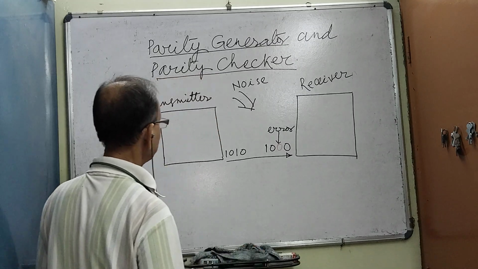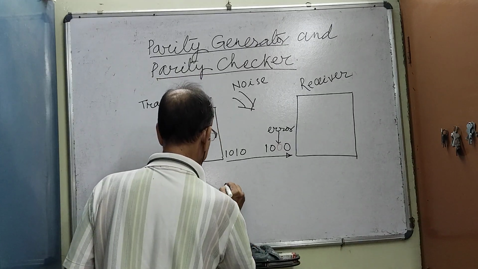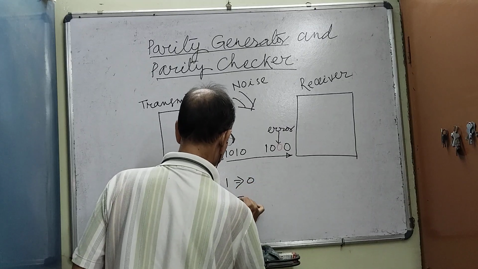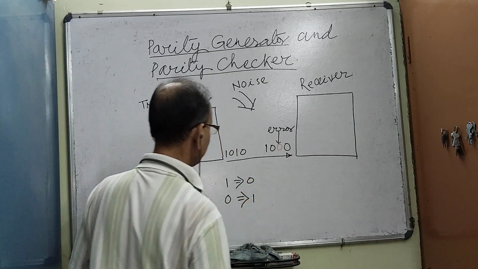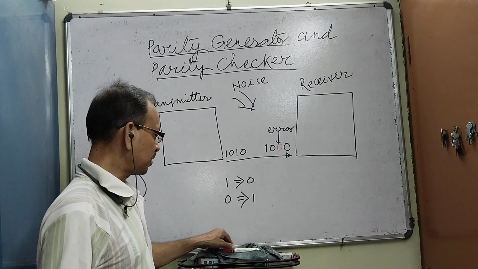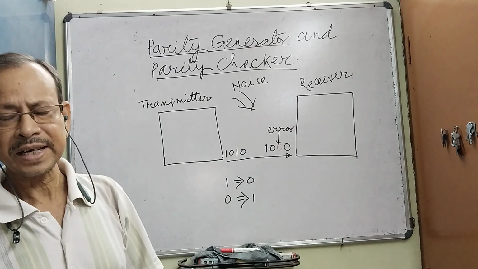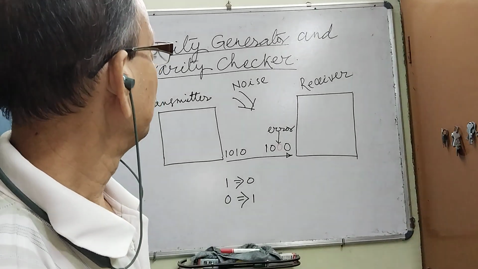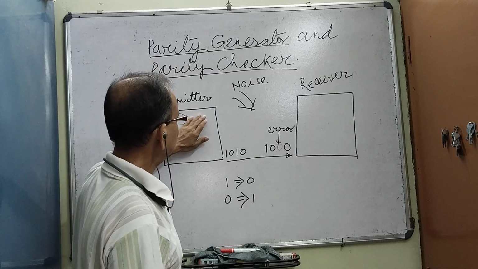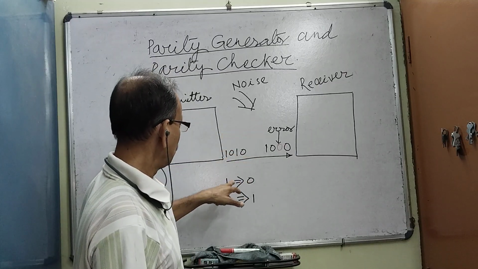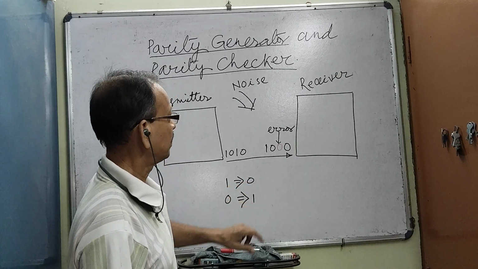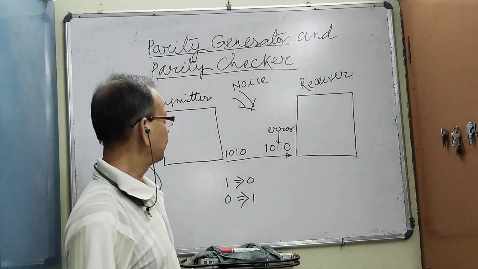The noise transfers 1 to 0 and 0 to 1. So during the communication data transfer, due to some noise, there is some error, that is 1 may move to 0 and 0 may move to 1.